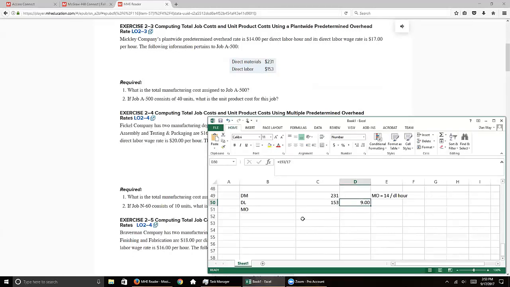So when it comes time to apply overhead, my predetermined overhead rate was $14 per labor hour, and this job incurred 9 hours of direct labor. So $14 times 9 hours means I'm going to apply $126 in overhead to this particular job. Now I have all 3 of my manufacturing costs.